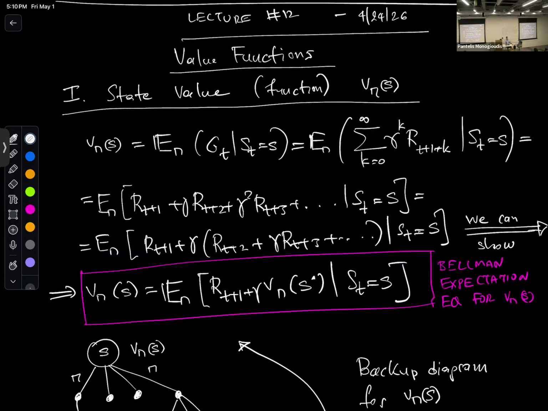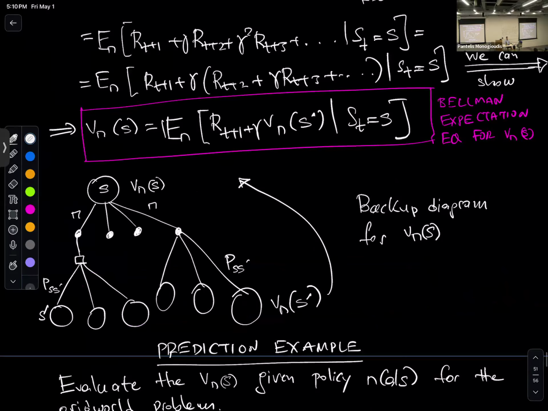It also provides a tree that we can use to understand visually what is going on: how the value at the state I'm starting at, at time t, will move because of two sources of randomness. The first source of randomness is what?